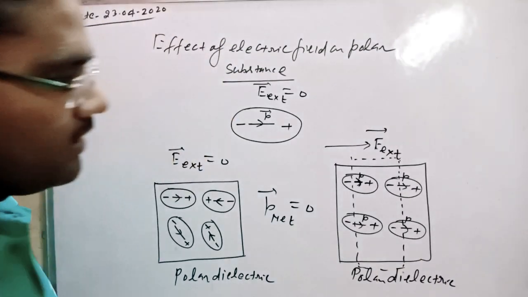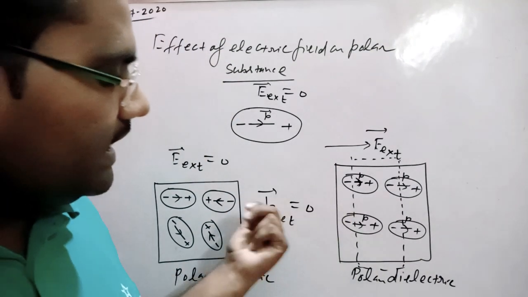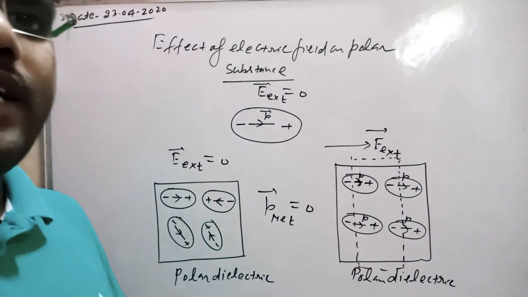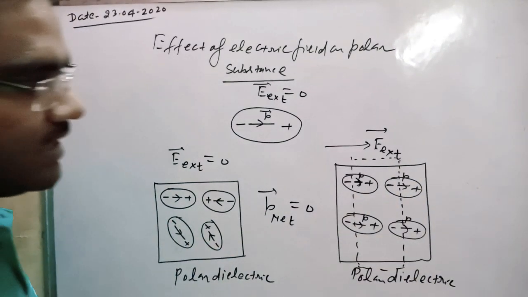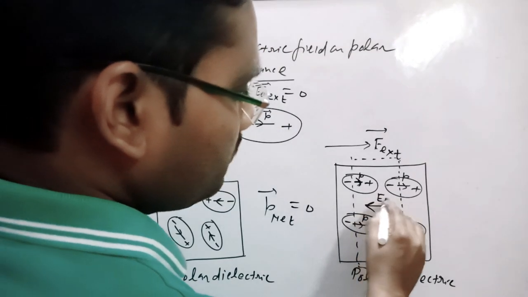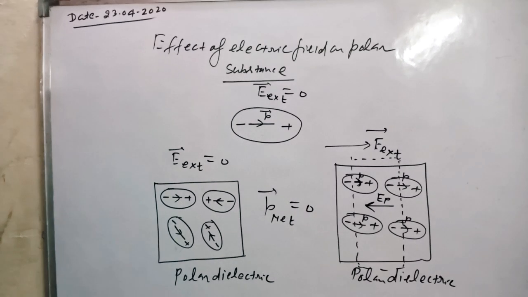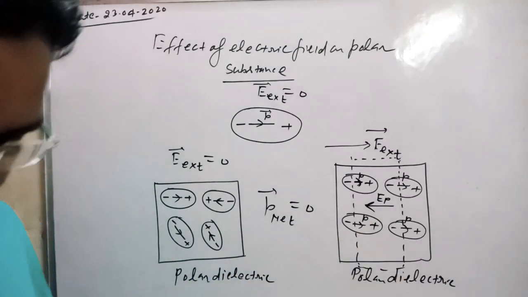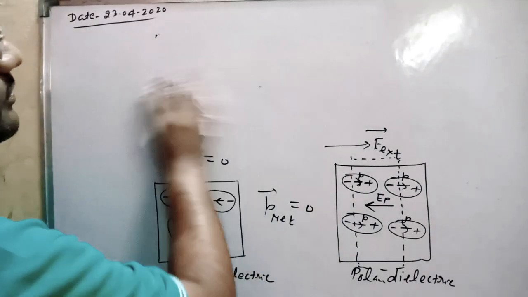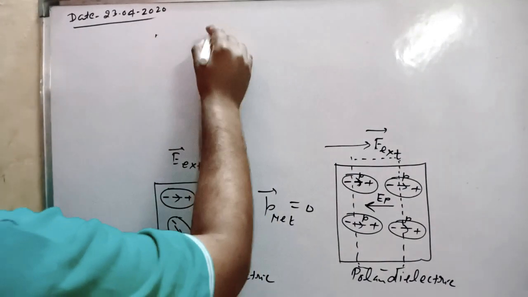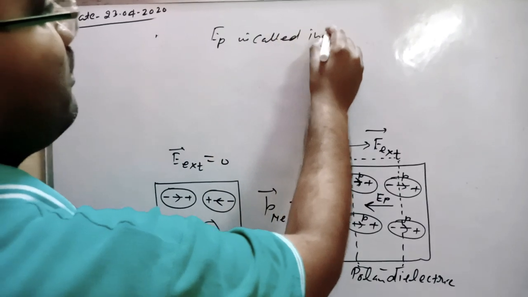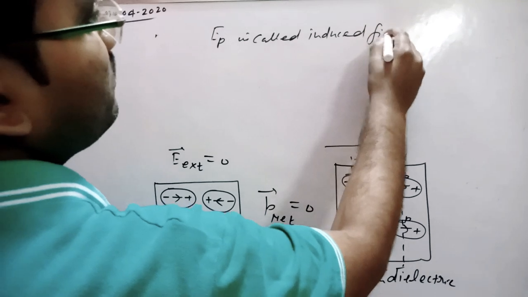We find all the negative charges on the left face and all the positive charges on the right face. That means an internal field is produced, EP. This EP is called the induced field.